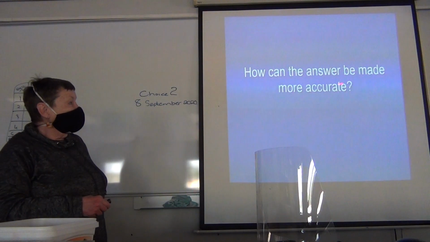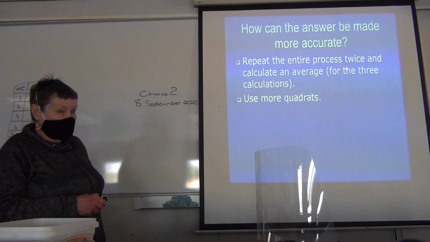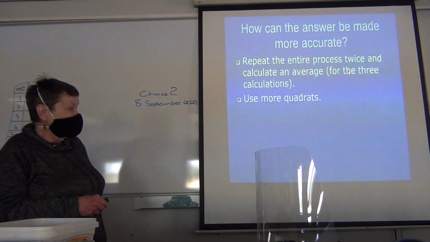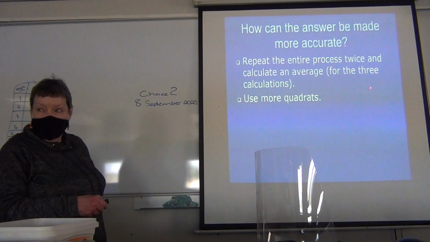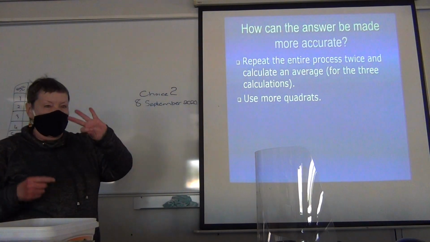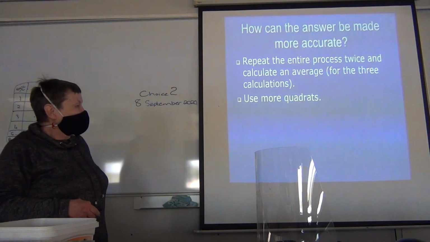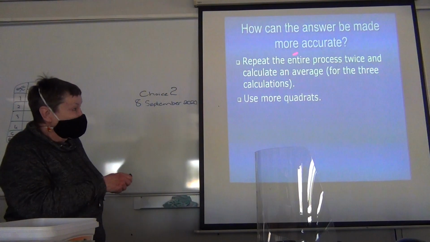How can the answer be made more accurate? Repeat the entire process twice. So how many readings have you got? 3. Because you did it once. If you repeat it twice, it's a total of 3. Is that re-throwing the quadrat or recounting the bits? No, doing the whole entire process.